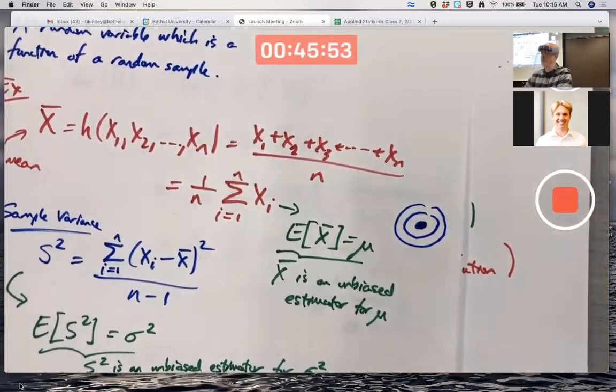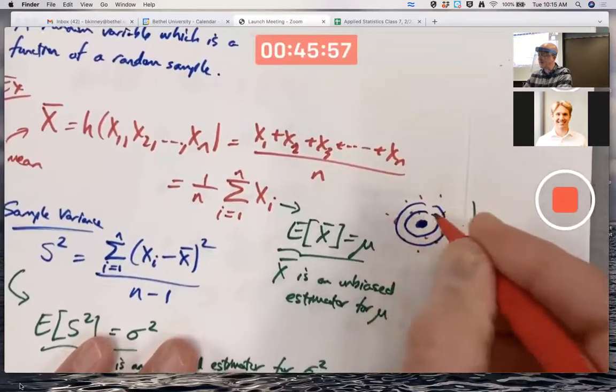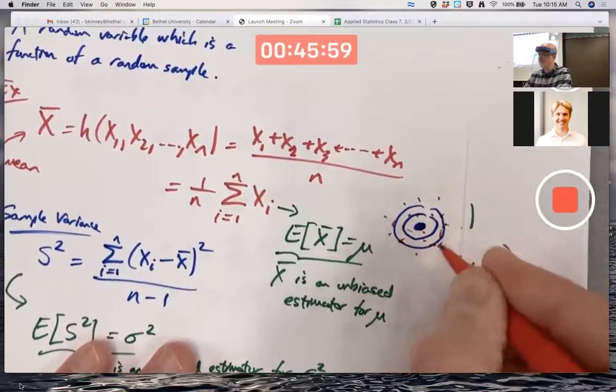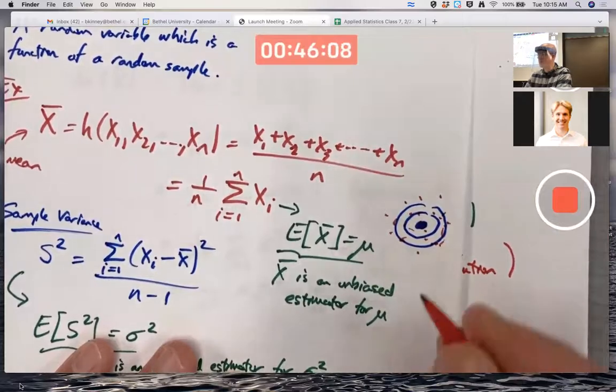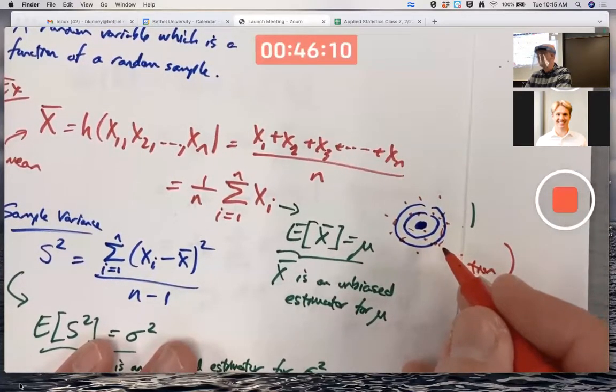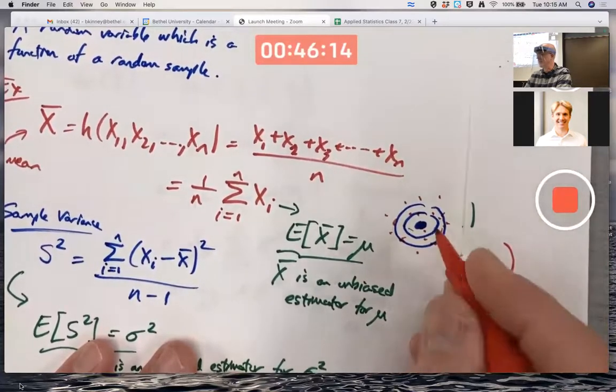But your spread could be large if n is not very big. So I've drawn a bunch of points that on average are close to the bullseye, but each individual one could be far away.